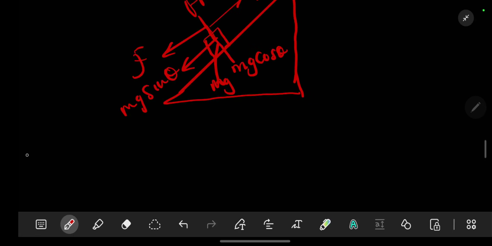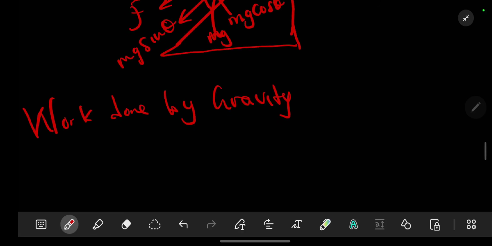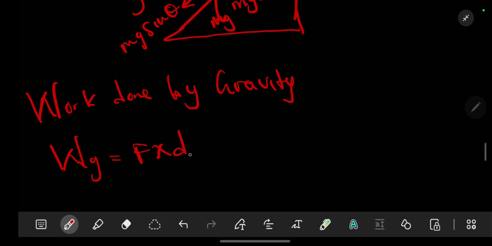So work done by gravity, Wg, is equal to the force times the distance, with cosine of theta attached.